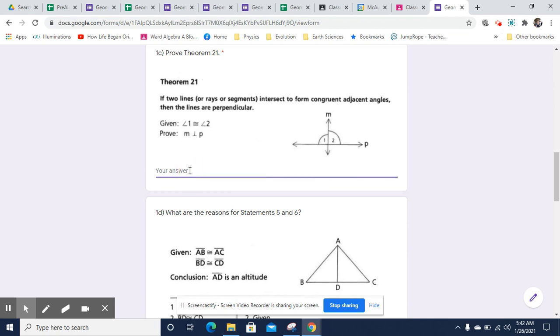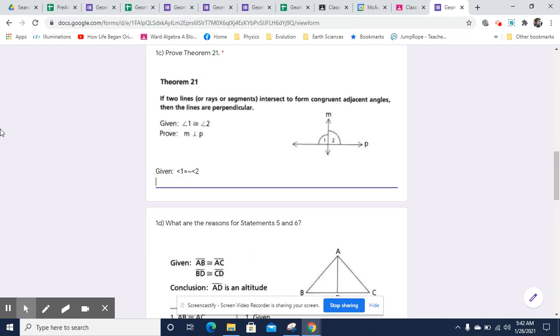Well, we have the given, which is that angle 1 is congruent to angle 2. Okay, and assumed from diagram, we can say that P makes a straight angle.